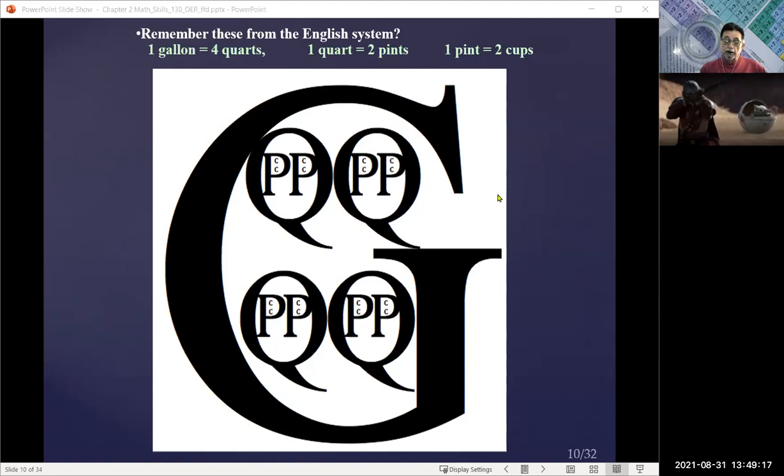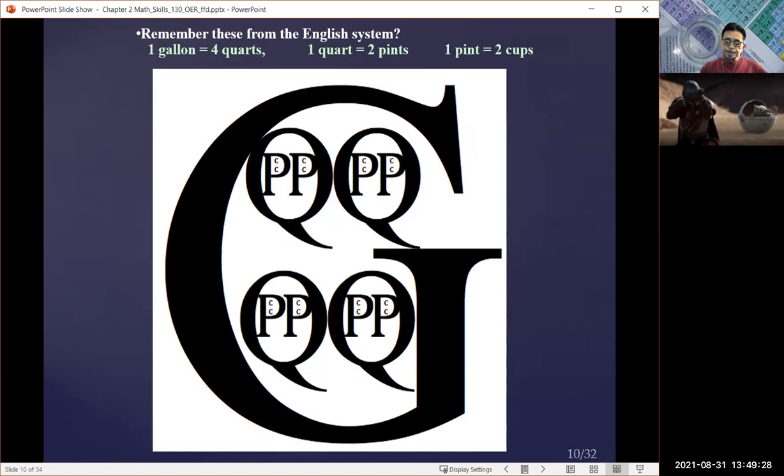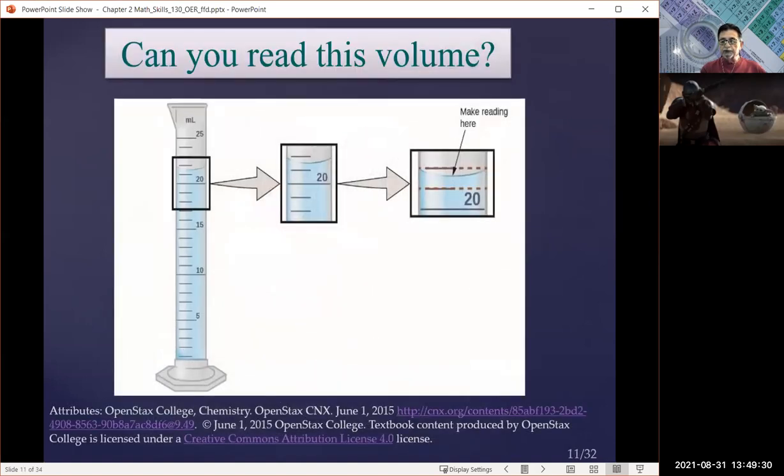So these are factors to help you out with respect to English units. Now, in reading volumes, you may have pictures where you have to read the volumes. Two things to take away from this type of diagram. One, be aware of which direction your scale is going. If you look at the scale, this is the 0 point, so you are reading from the bottom up.